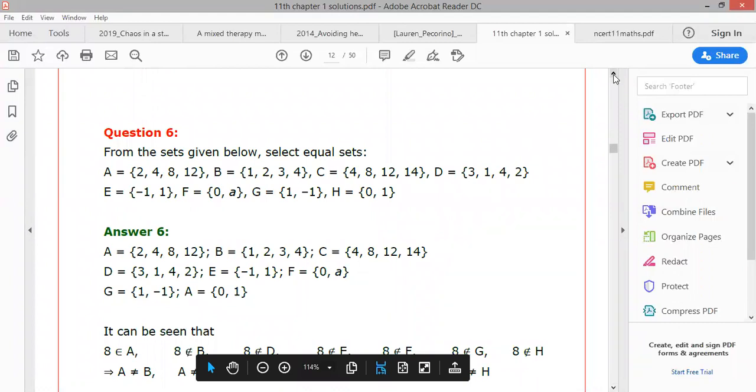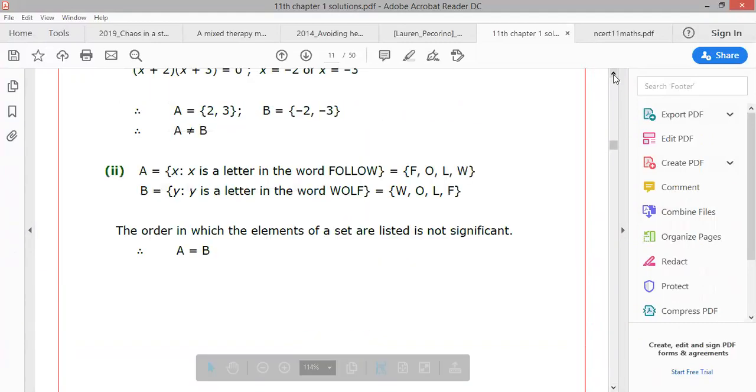So we write like this: F, O, L, W. Why? Because we will not be repeating the elements. Next is B: W, O, L, F. Yes, you see, here we have four elements. All the four elements of set A are the four elements of set B, and all the elements of set B are also the elements of set A. Therefore, A and B are equal sets.